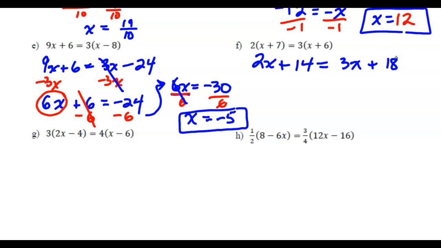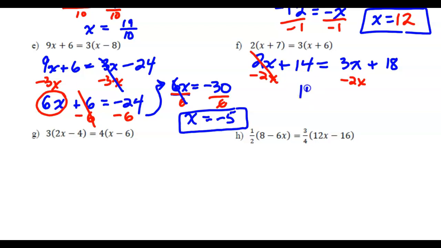And then it's the same deal. X is on both sides, numbers on both sides. So the smallest x term is 2x. If you want to subtract 3x from both sides instead, you can. You'll just have a negative at the end that you divide out.